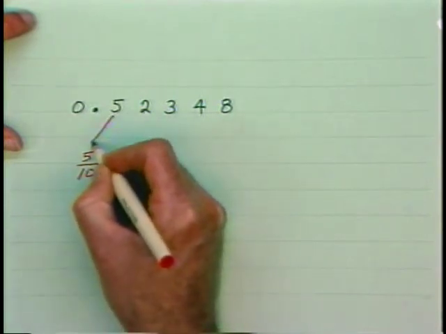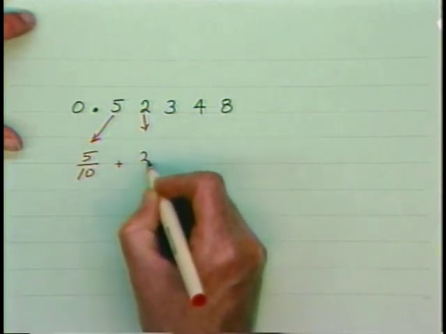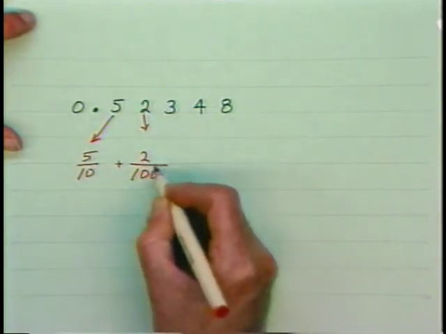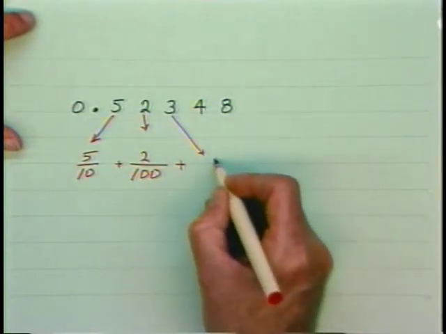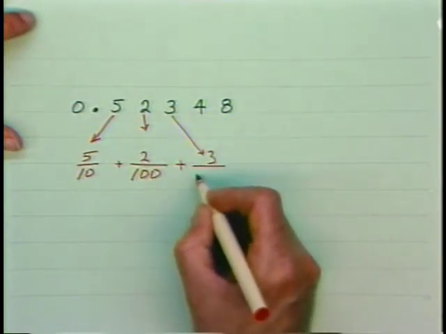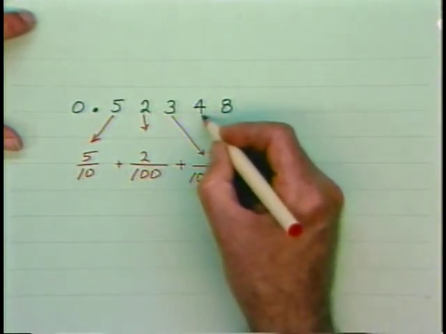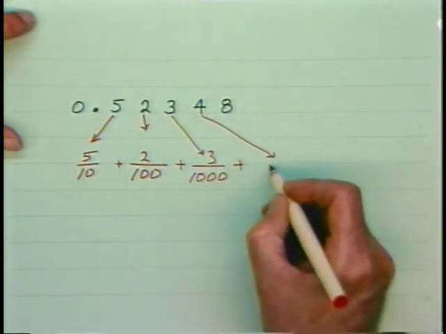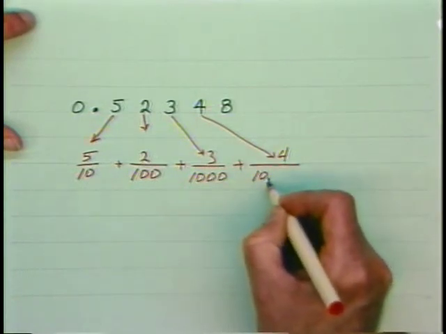tenths. Then I have 2 hundredths. Then I have 3 thousandths. And then I have 4 ten-thousandths.